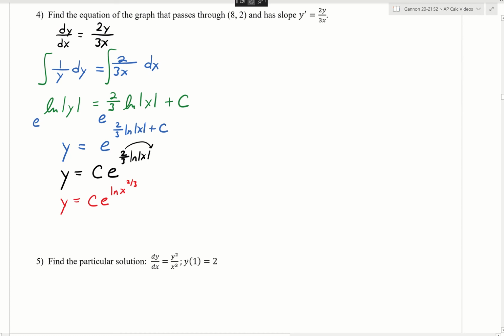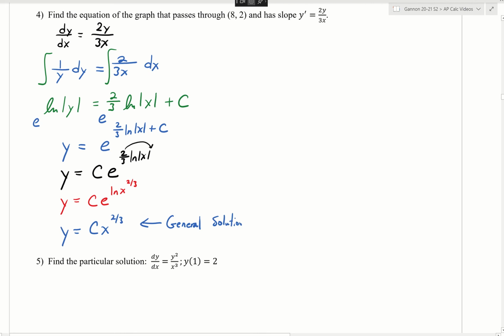All right, and then you have that e and that ln, which is going to allow you to cancel them out, giving us y equals c x to the 2/3 power. Now, that right there is your general solution.